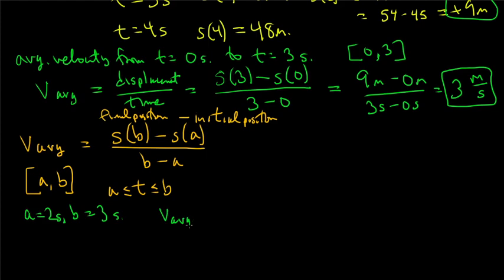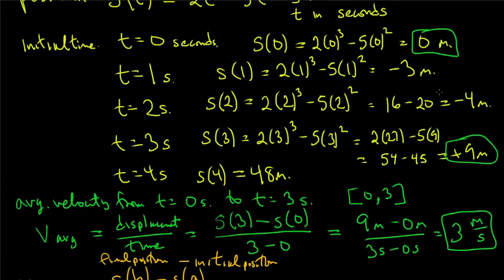So this is just going to be s of 3 minus s of 2 divided by 3 minus 2. I'm just plugging into this formula. s of 3, once again, is 9 meters. And s of 2 was negative 4 meters.